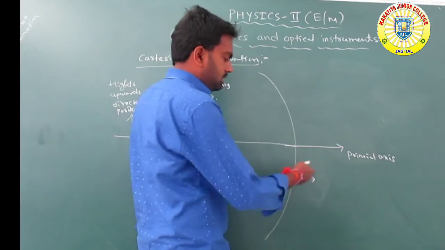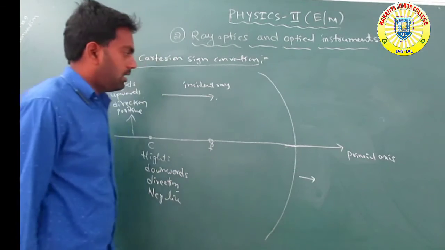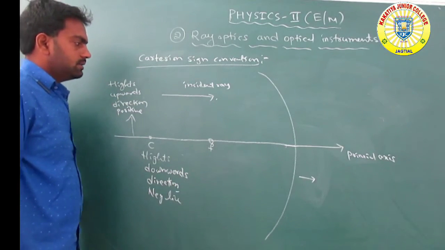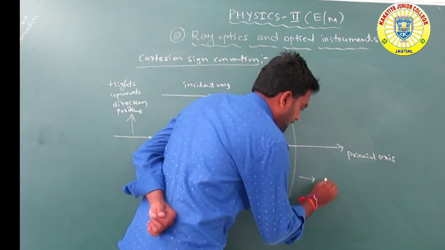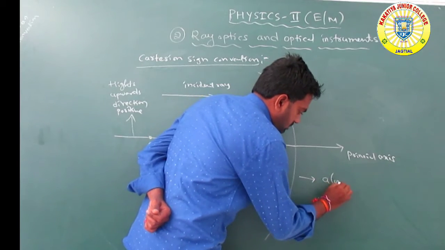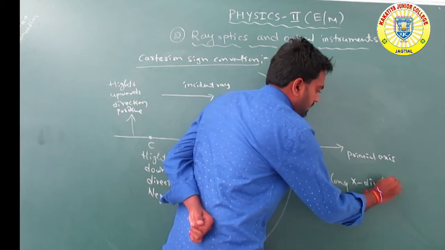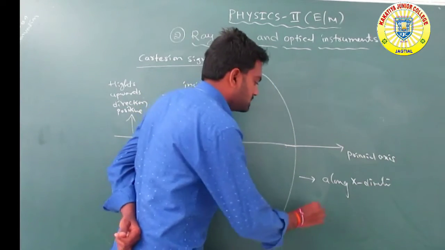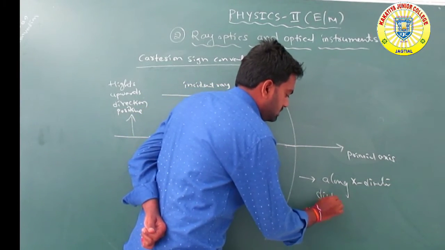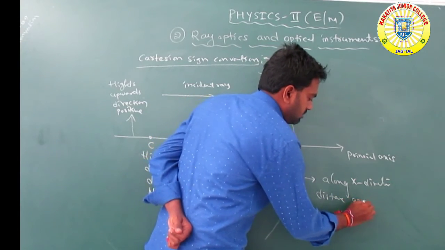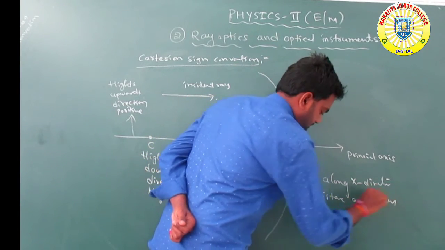That means along the x direction, along the principal axis direction, the distances are taken positive. Got it?